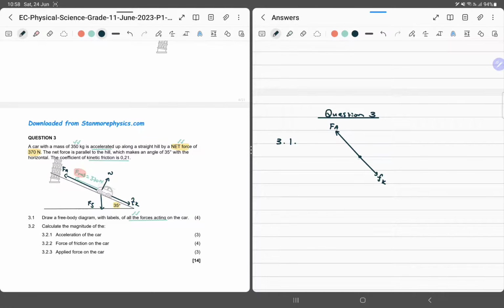That's an acceptable label. Then we're going to have ourselves our weight straight down. We can call it Fg, force of gravity. And we're going to have our normal force acting perpendicular to the surface. So a capital letter N is acceptable. So make sure all of these things make contact with the car. So that is the 4 marks, guys.